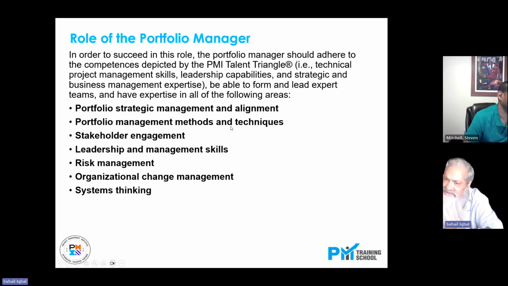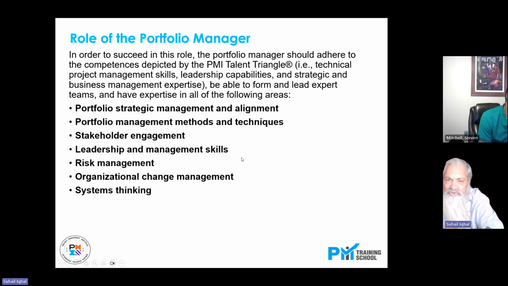This is not a domain, but naturally all of the methods, techniques, and tools used in the portfolio, the 75 tools which I had mentioned to you earlier, you must be very well aware of them. This is definitely something a portfolio manager should know. Stakeholder engagement, naturally, this is a domain also, and we know a lot about it, but this is the stakeholder level we are talking about.